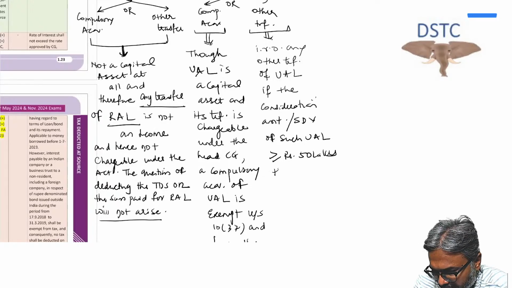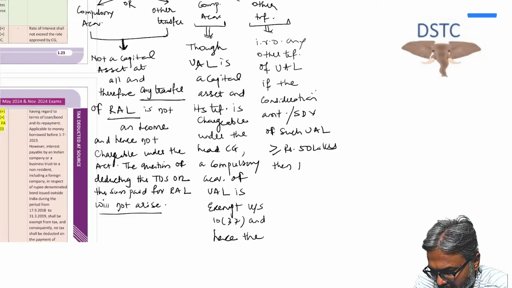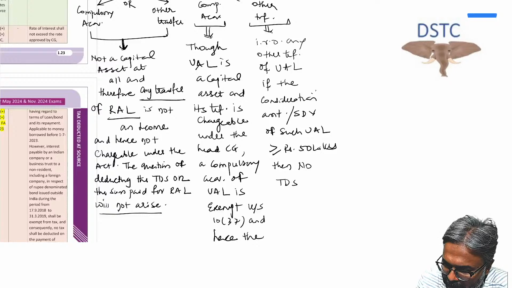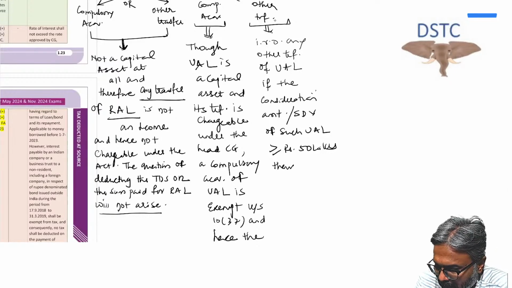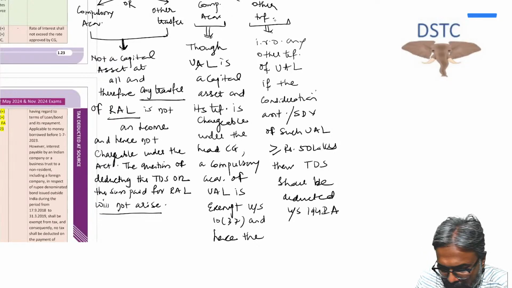then no TDS. Sorry, then TDS shall be deducted under section 194IA.